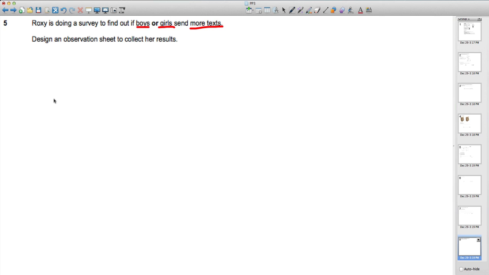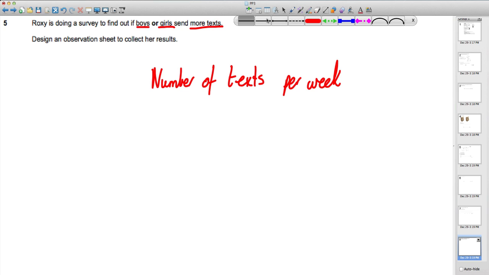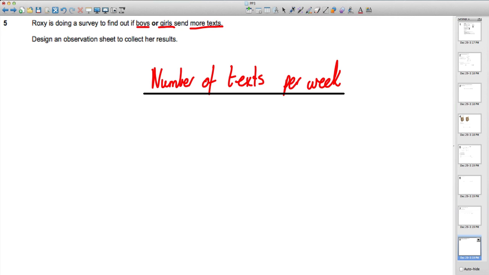You might have something like number of texts per week. Do give it a time. That would be your heading of this column here, and you might have boys recorded there and girls recorded here.